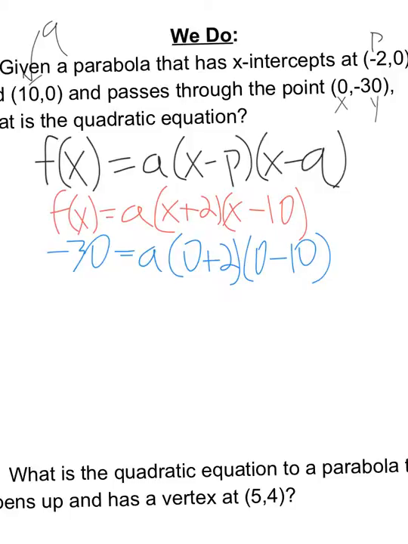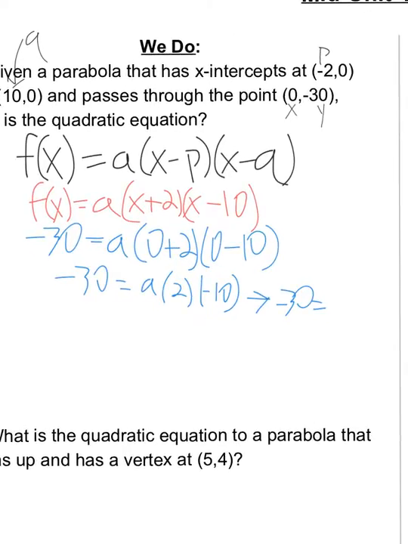So 0 plus 2 is 2, 0 minus 10 is negative 10, so we have negative 30 equals a times 2 times negative 10, and that looks like that's going to be negative 20a when you multiply 2 and negative 10.